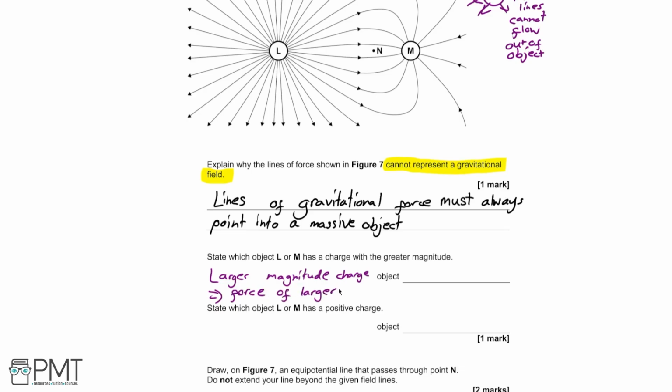Now, since the relative magnitude of the force is represented by the density of the field lines, what that means is that because the field lines are more dense around L, it's generating forces of larger magnitude. Therefore, L must have a charge of greater magnitude. So the answer is L for that part.